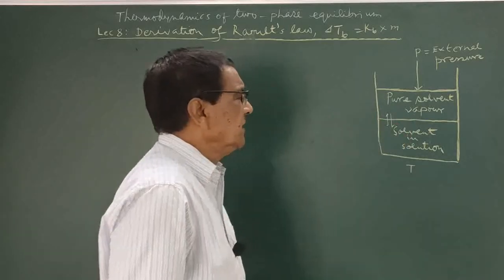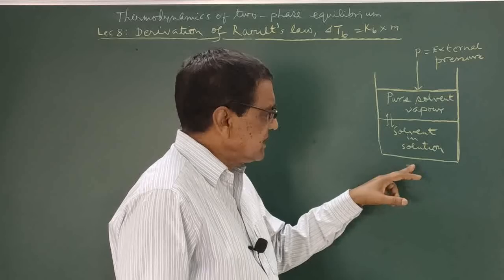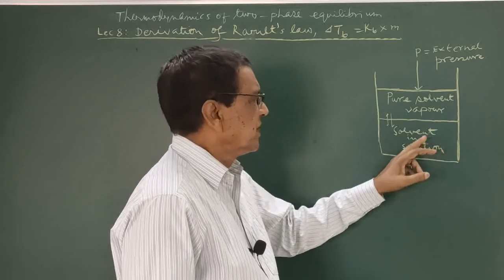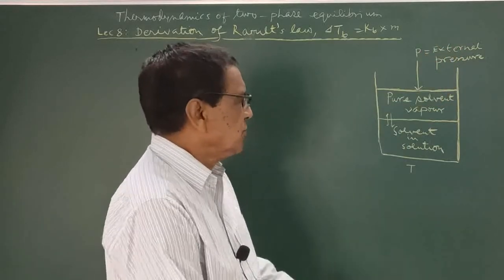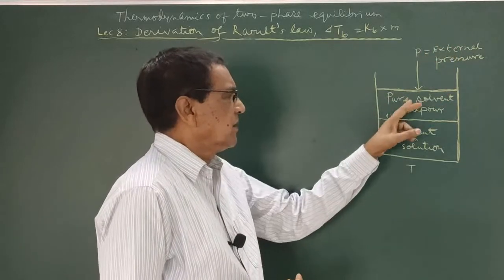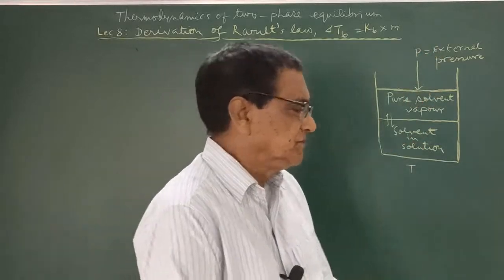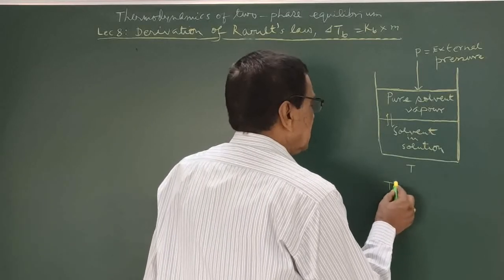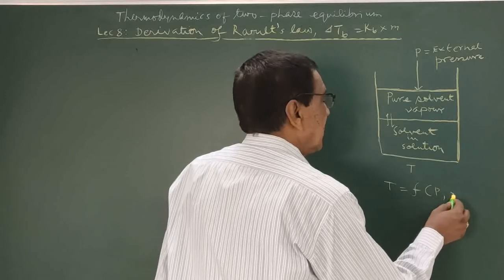So actually, this temperature is the boiling temperature of this solution under the external pressure P, at which the vapor pressure of this solvent becomes equal to the external pressure. And you know this T is a function of the pressure P and x1.